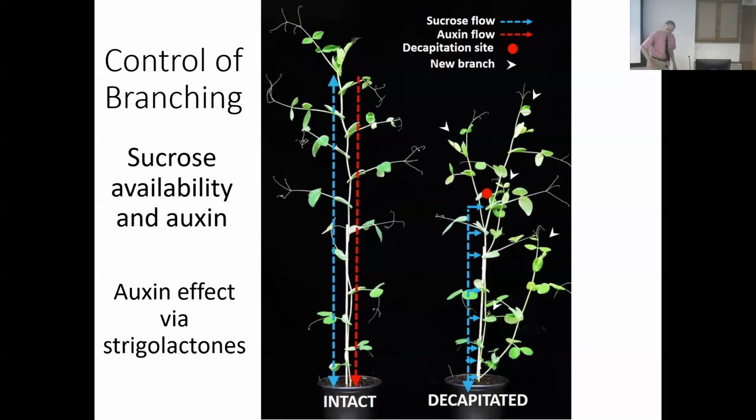When the auxin supply is cut off, the level of strigolactones goes down, and you get the branches formed. This was a story that stumped plant physiologists, biochemists, molecular biologists for many, many years, but it was finally solved about 10 years ago.